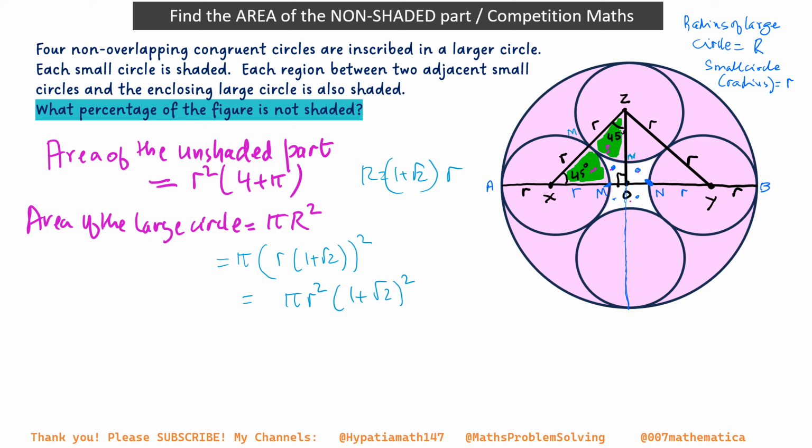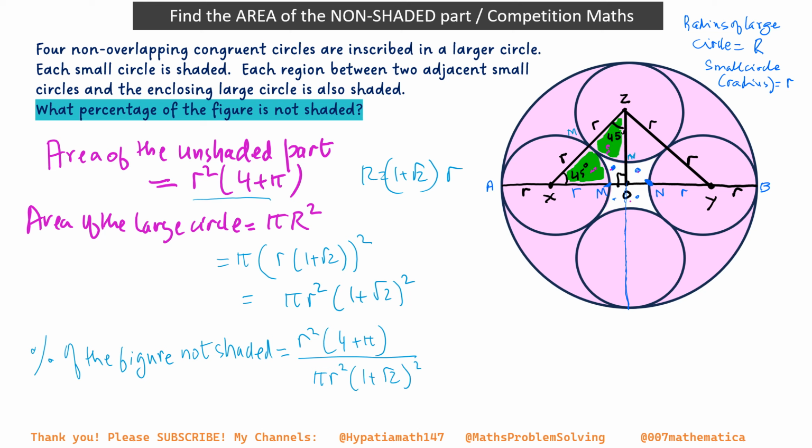So the percentage of the figure not shaded is equal to, we have to do this bit, r square times 4 plus pi divided by pi r square times 1 plus root 2 square.